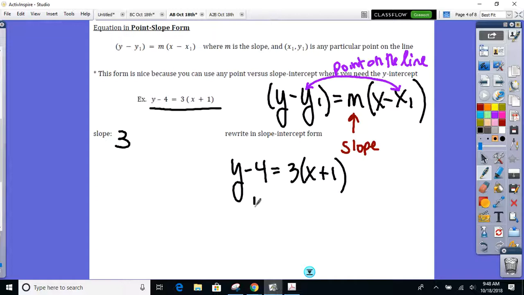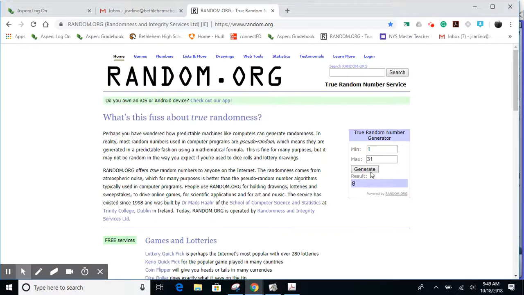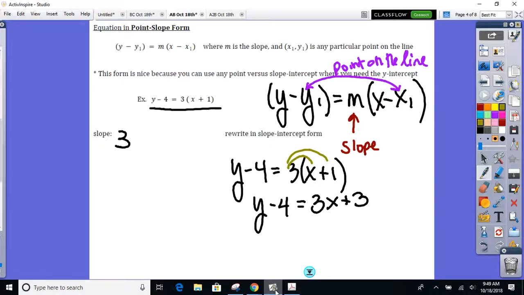That's what I would do, absolutely. Y minus 4 equals 3x plus 3. So all I did was distribute the 3. Your next move to get y by itself. So y equals 3x plus 7.